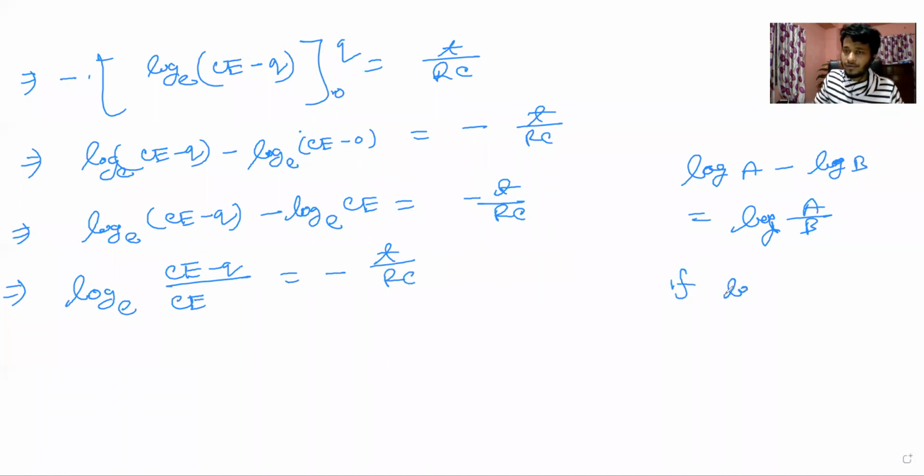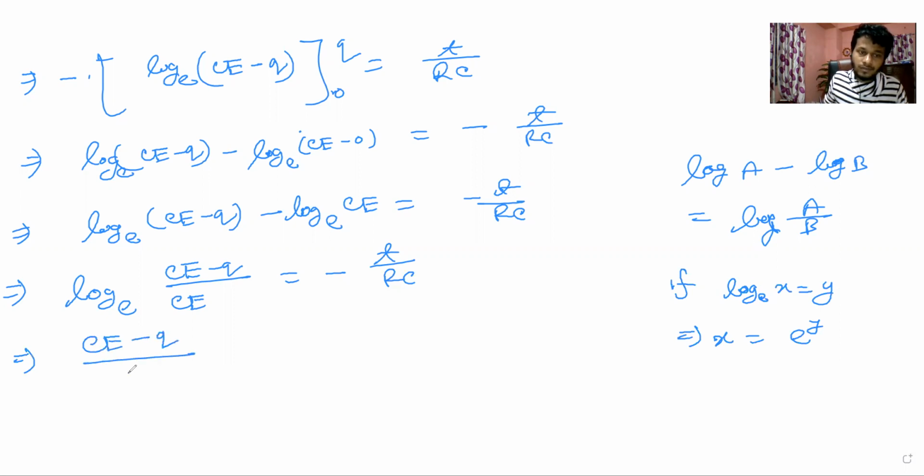But if log e based x equals y, then we can write x equals to e to the power y, isn't it? So we can write ce minus q by ce equals to e to the power minus t upon rc. Fine, we can write it, isn't it?